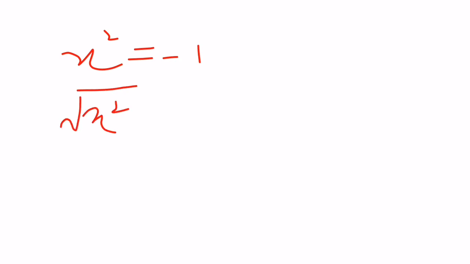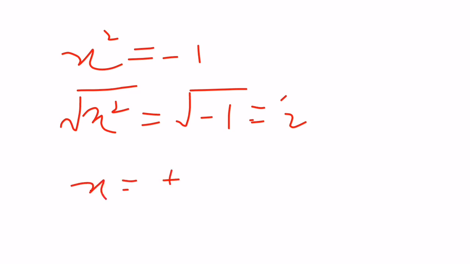Now to solve the equation x square is equal to minus 1, taking square root on both sides, x is equal to iota, meaning x is equal to plus minus iota.